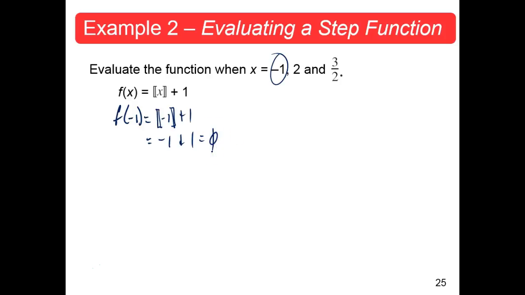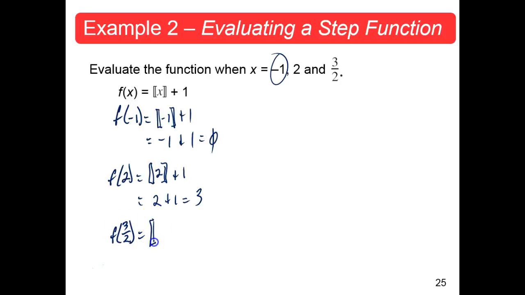Okay? Let's do 2. F of 2. What would that be? The greatest integer in 2 plus 1. What's the greatest integer in 2? 2. Okay, we got that one down. Plus 1 is 3. All right, got it. How about this one? F of 3 halves.